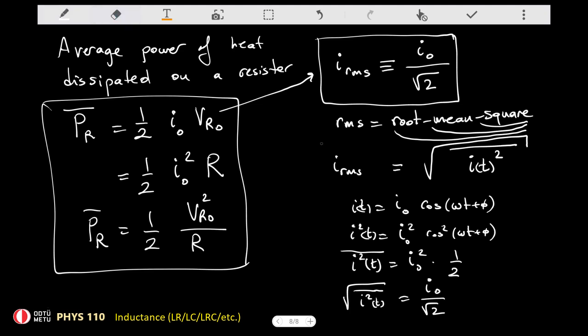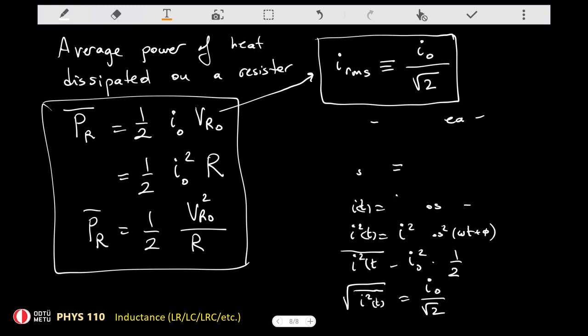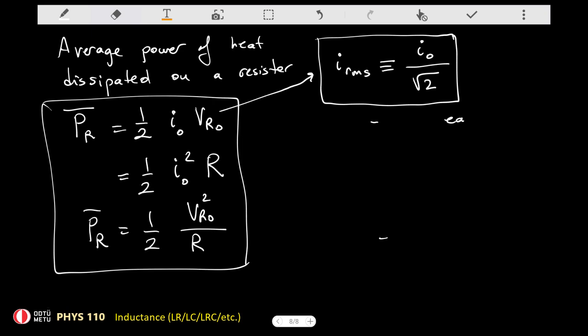So what's the advantage of this? It's basically very simple. The advantage is that you can then express the average power in a way that is as if you have a DC current and DC voltage.